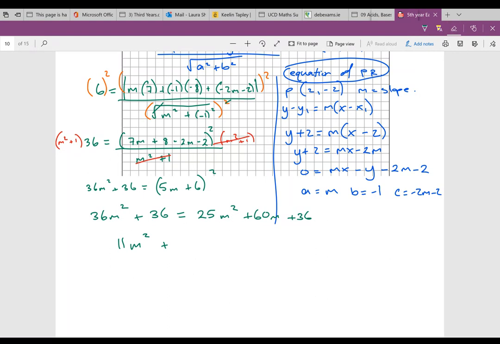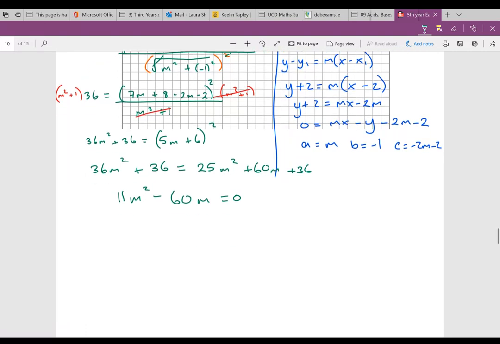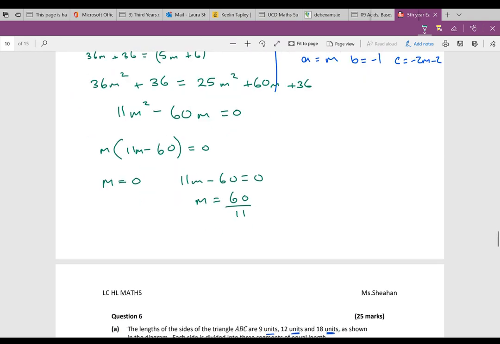Sorry, my 36s are actually going to cancel off here. So 11m squared minus 60m is equal to 0. So it's a quadratic in the sense that I'm going to factorize out the m. So m(11m minus 60) equals 0. m equals 0, 11m minus 60 is equal to 0. m is equal to 60 over 11.